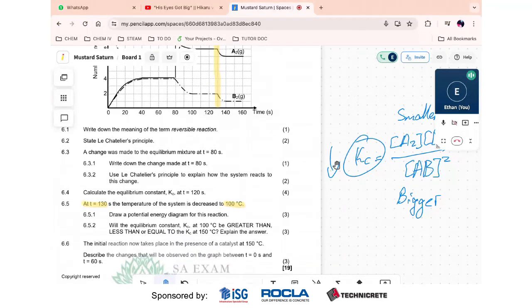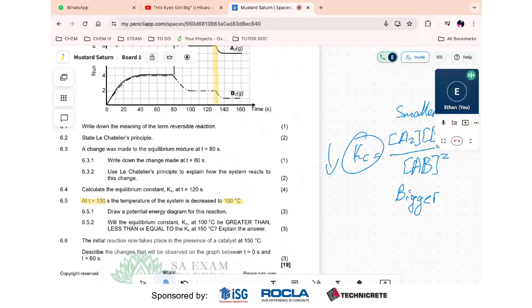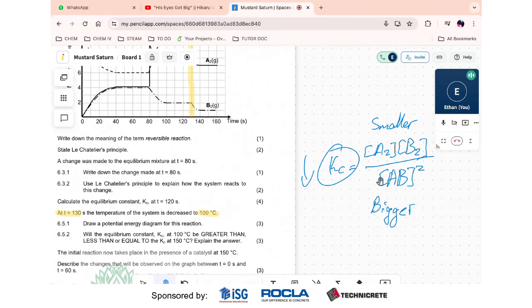You can just see that Kc will be smaller, and then you can explain the answer. So simply products B2 and A2, their concentrations decrease, and the reactant AB, its concentration increases, and that's good enough to figure out that actually Kc will decrease at 100 degrees.